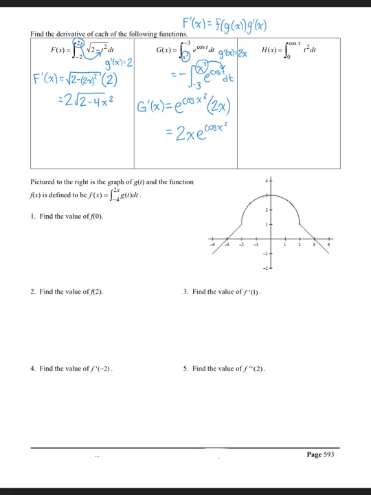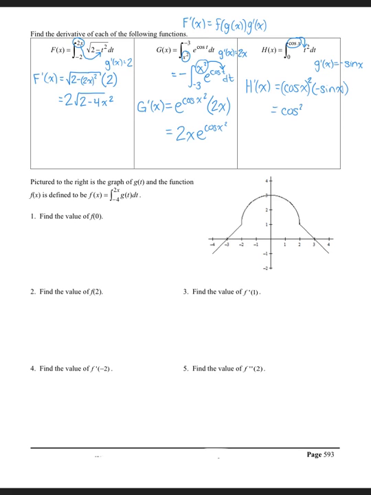Okay, last but not least, the integral from 0 to cosine of x. Again, this is your g of x. You will plug it in for t. Your g prime, well, the derivative of cosine is negative sine of x. So capital H prime of x is equal to cosine x squared times negative sine x.